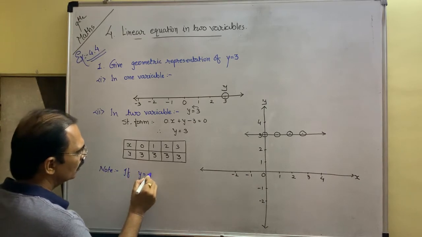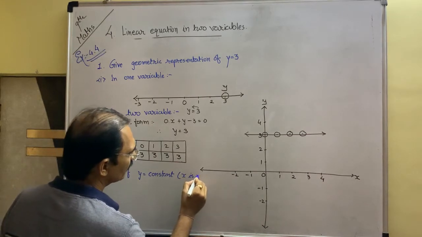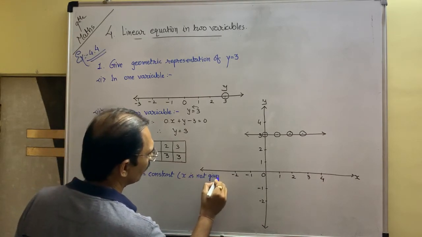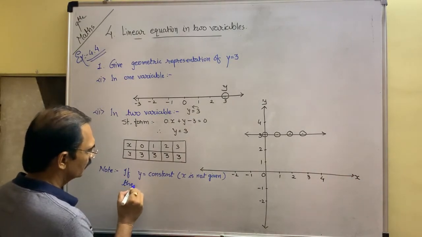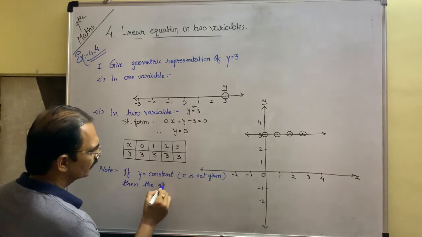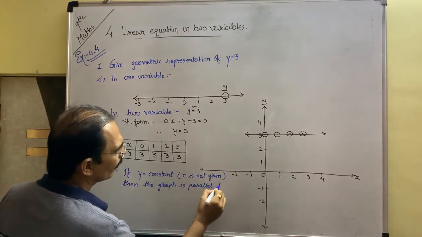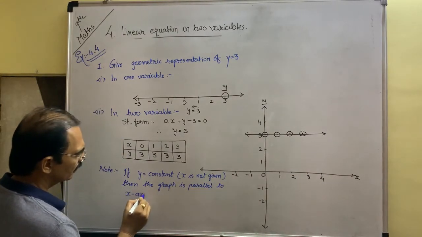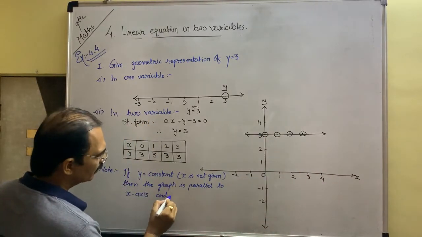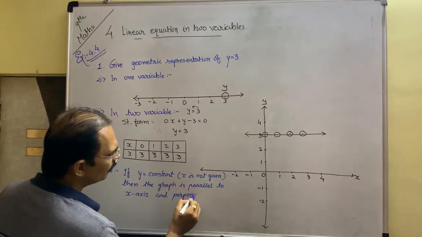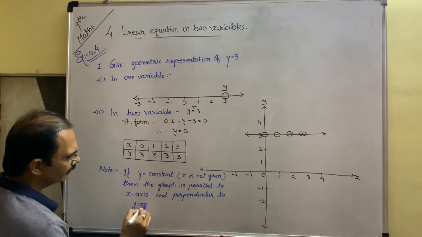If y equals to constant, meaning x is not given, then the graph is parallel to the x-axis and perpendicular to the y-axis.